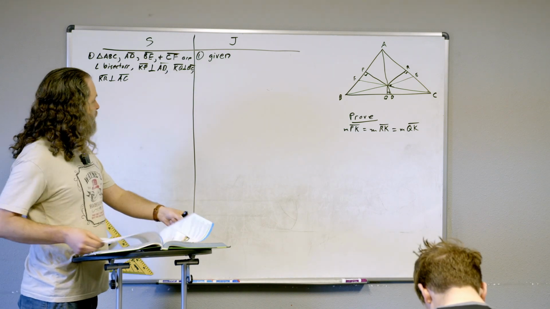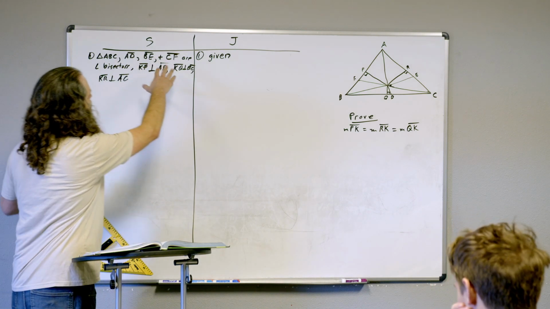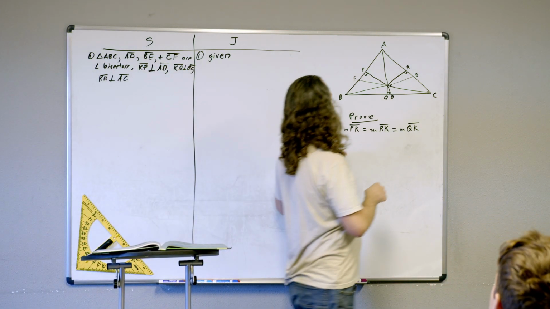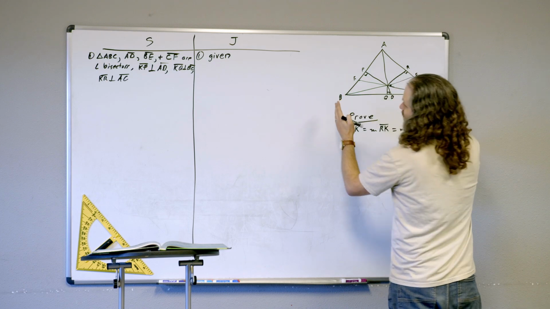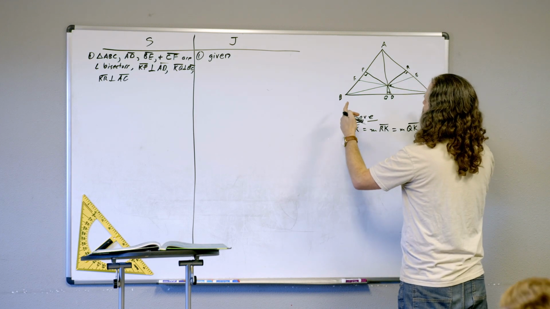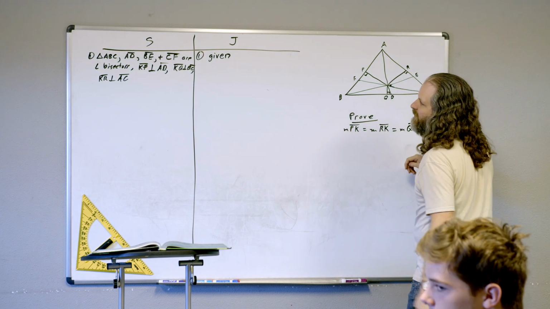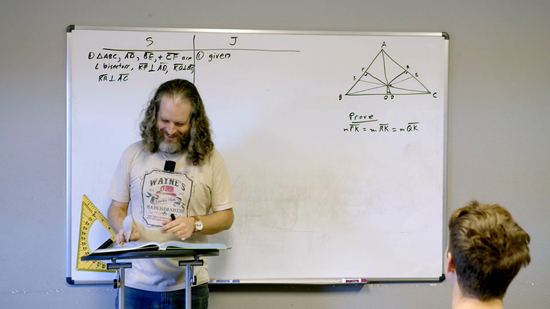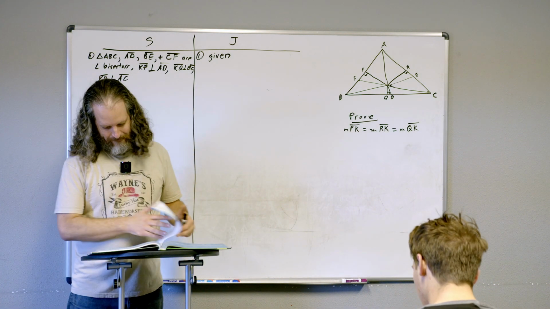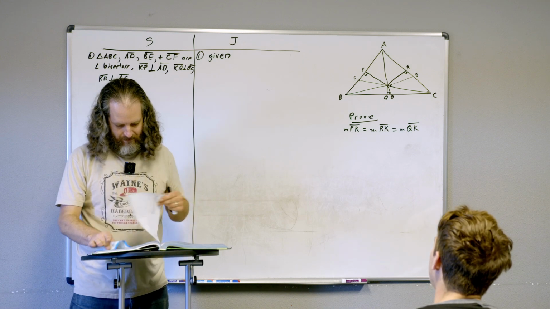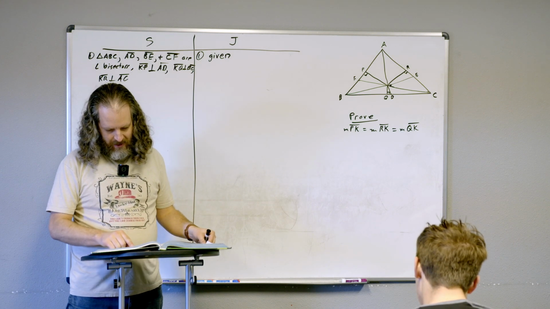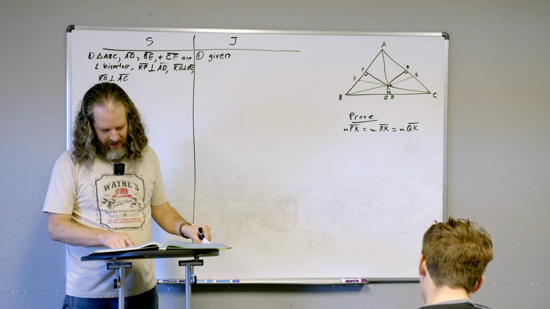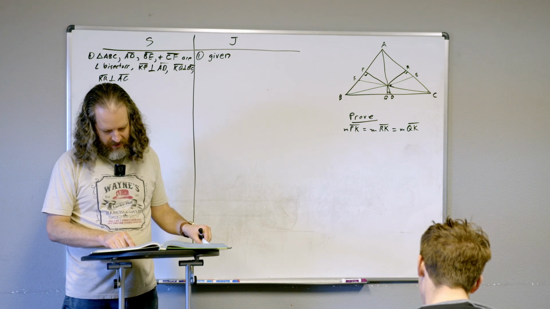So we're given that AD, BE, and CF are angle bisectors. Wait, did I write that right? Yeah, I think so. Let me read: angle bisectors AD, BE, and CF.